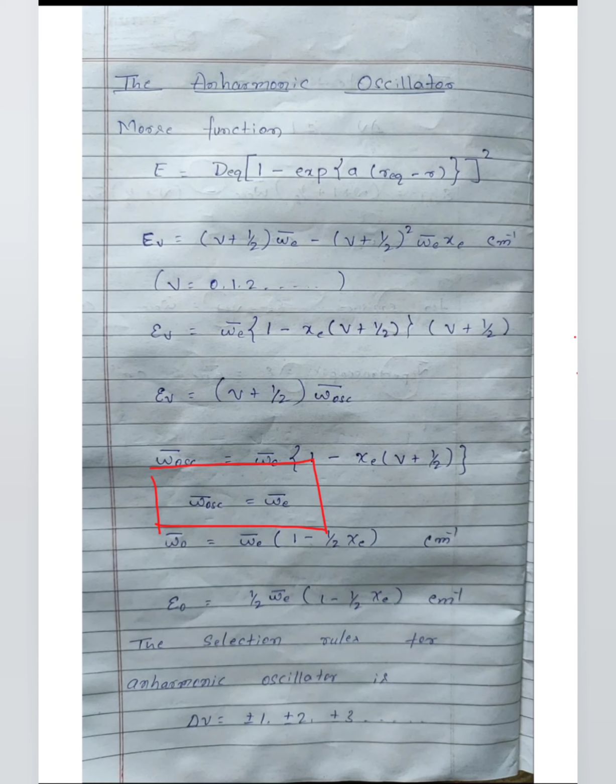So it is valid for infinitely small oscillation, or when the oscillator is at rest. Omega naught bar is equal to omega e bar into 1 minus half into xe.